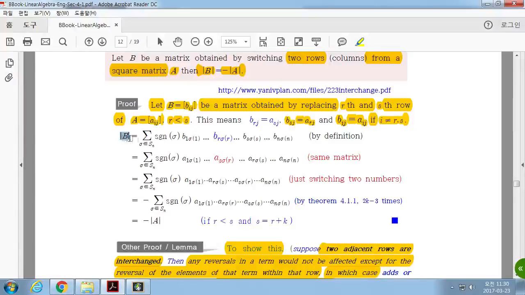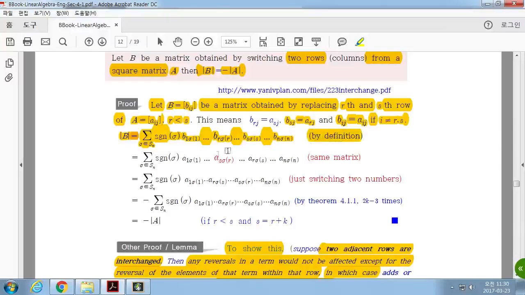Think about the determinant of B. From the definition, we have the summation over sigma of the sign of sigma times B 1 sigma of 1, up to B R sigma of R, up to B S sigma of S, up to B N sigma of N. This is the definition of determinant.